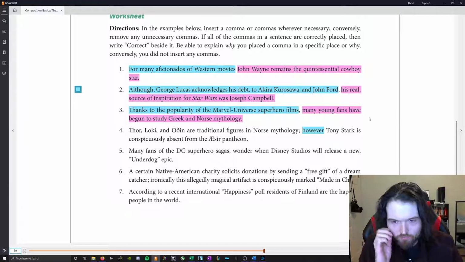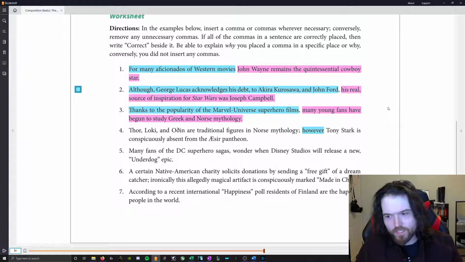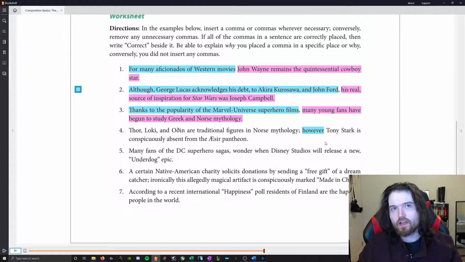I think you guys have a pretty good handle on how to use commas. I haven't noticed too many of your mistakes being centered around commas. A lot of the times, what will happen is you guys will put a comma, but you'll leave out the conjunction to make it a compound sentence.